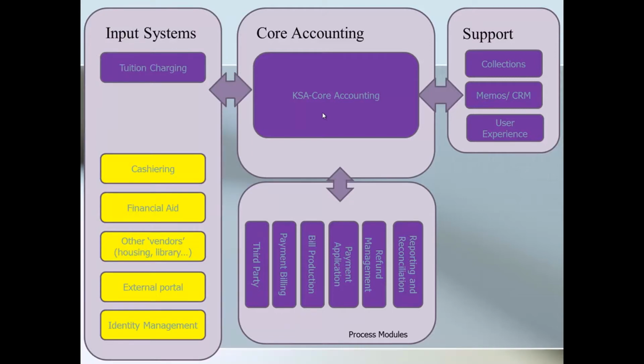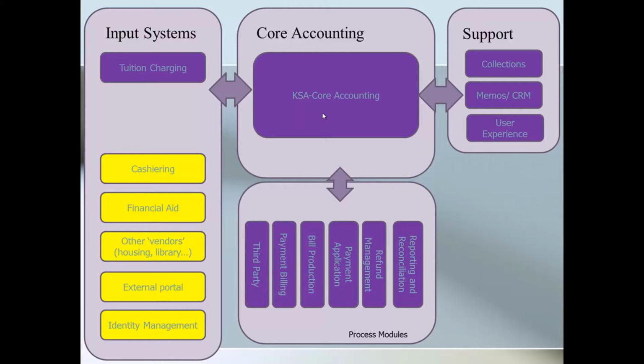Outside of the system, we foresee integrating with a number of different input systems, one of which is a tuition charging system, which is actually part of KSA. It's KSA fee management. But we really don't see that as part of the core accounting system, rather the link to Kuali enrollment. So we kind of put it slightly outside of the system. The system will integrate with a cashiering system, a financial aid system. If you have other vendors on your campus, so your library may feed fines and things into the system.